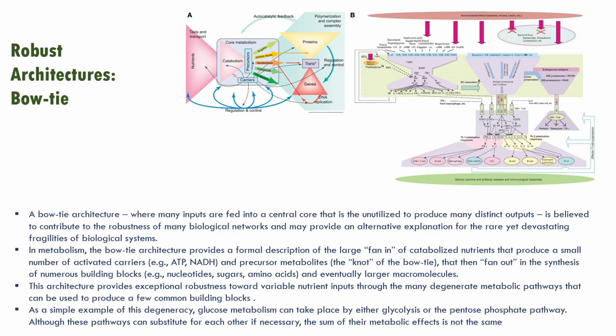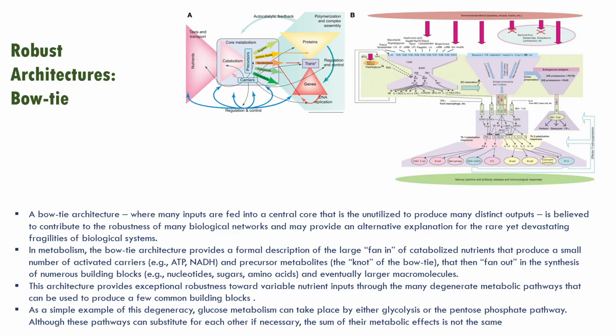In metabolism, the bow tie architecture provides a formal description of the large fan-in, as in the large input modules of the catabolized nutrients that produce a small number of activated carriers, for example ADP, NADH or ATP, and precursor molecules, which is basically the knot of the bow tie. Just before the output, that's the knot.